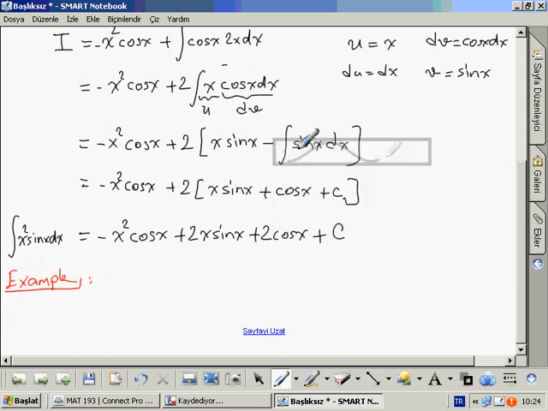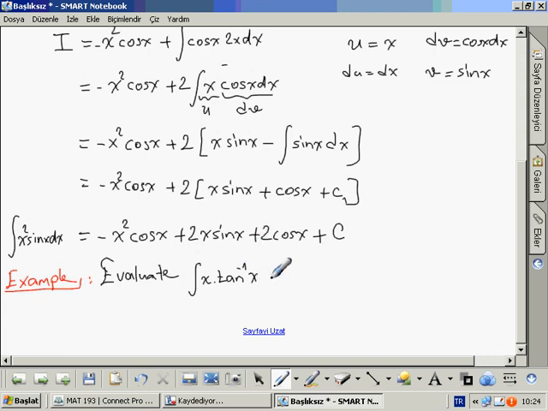Example, evaluate the integral of x times inverse tan x dx.